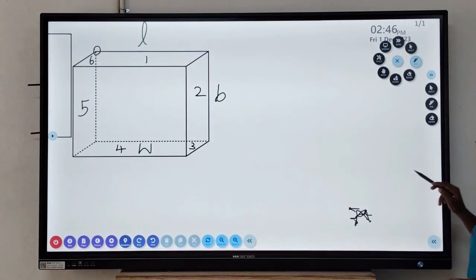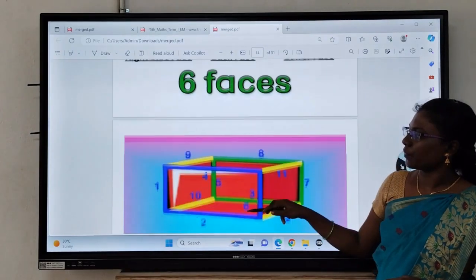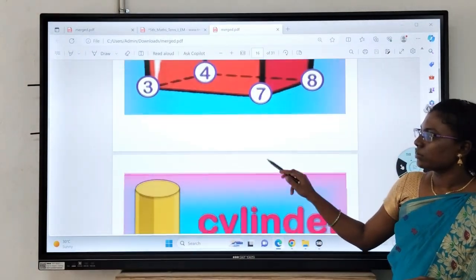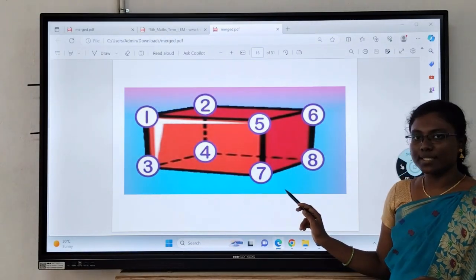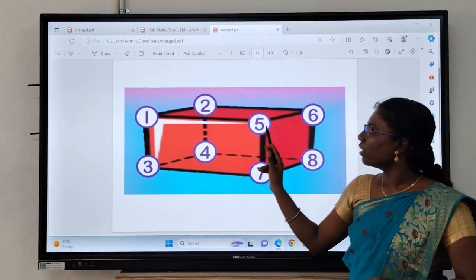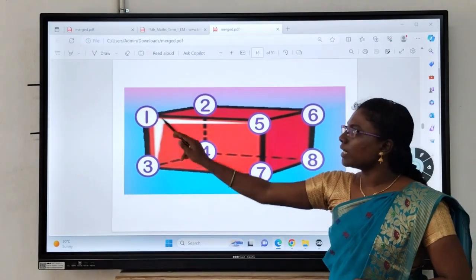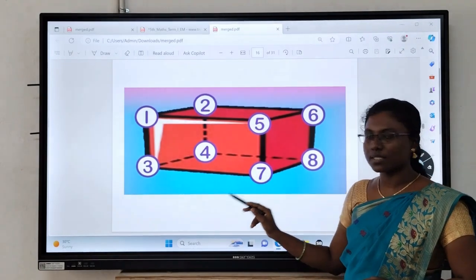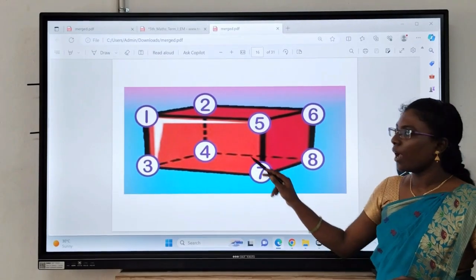What are all the vertices? Cuboid has 8 vertices. 1, 2, 3, 4, 5, 6, 7, and 8. So at the corner of the shape is called the vertices. So these are all the 8 vertices in cuboid.